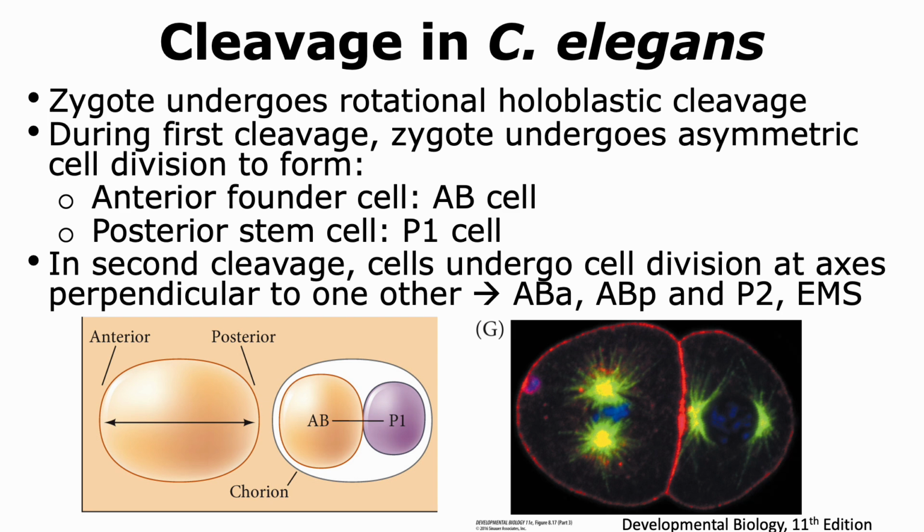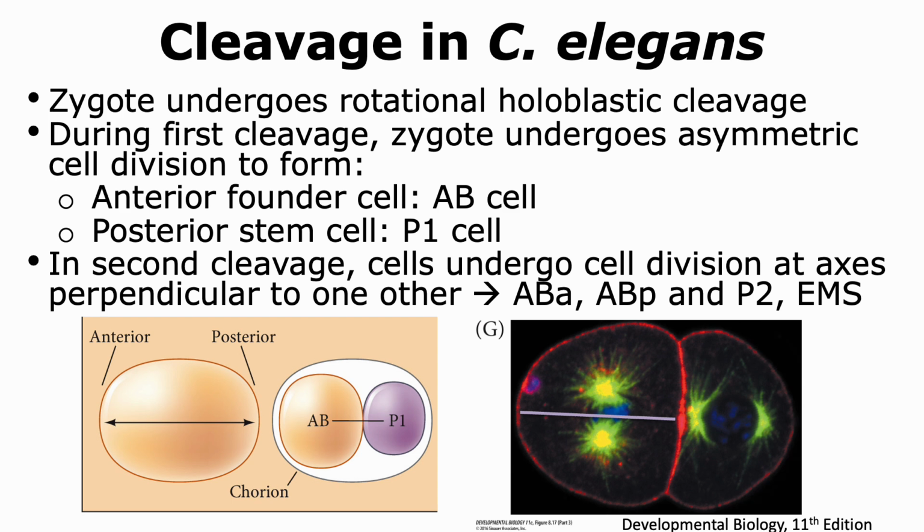The centrosomes are shown as these very bright green structures, or those yellow dots, in both the cells. When we look at the plane of cell division for the AB cell, I have shown that plane in the form of a purple line.